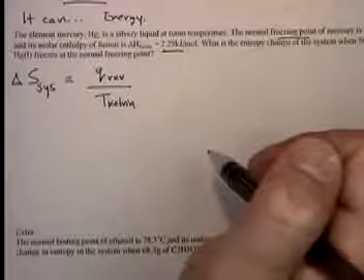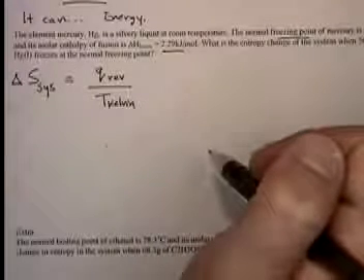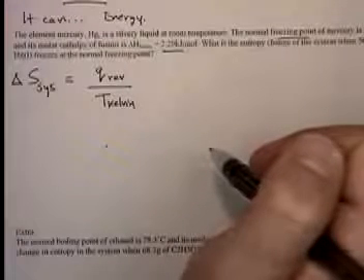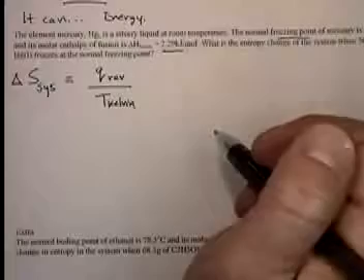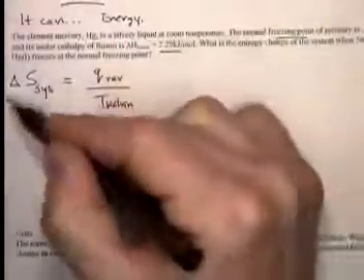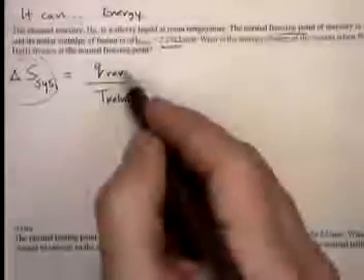So we're told we're at the normal freezing point, and this means that we're at a point where we're going to change state. We're going to go from a liquid to a solid. And to be able to calculate the entropy of this system, what we need to know is the heat at this system. That's what Q stands for. And we need to divide that by the Kelvin temperature at that system.